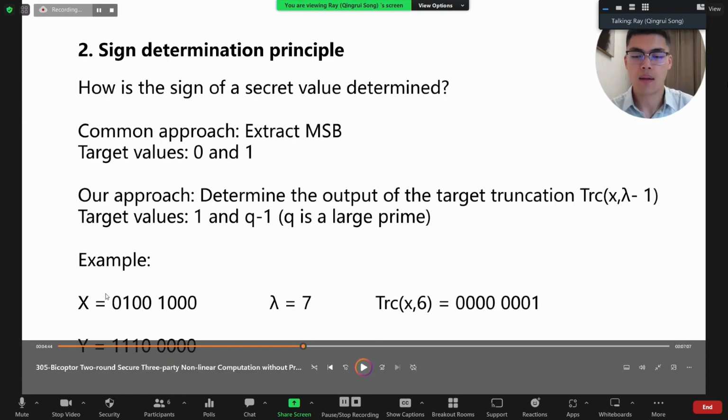However, for positive input, the most significant bit is the first non-zero bit, which, as explained before, is the 7th bit. And the definition for a negative input is a bit complicated. You can refer to our paper, but basically what we find is that for all inputs, it satisfies a pattern: when we apply the target truncation, which is the truncation of x to lambda minus 1 bit, the result of 1 indicates a positive input, and the result of q minus 1 indicates a negative input.